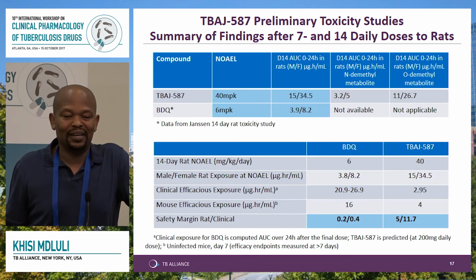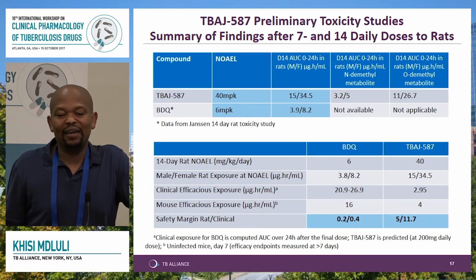And you see, again, that the NOAEL for our compound is 40 versus 60 for bedaquiline, whereas the exposure is much higher for our compound, and we expect that the clinical efficacy exposure for us is going to be about 10 times lower than for bedaquiline, and our mouse efficacy exposure required was only 4 versus 16 for bedaquiline.